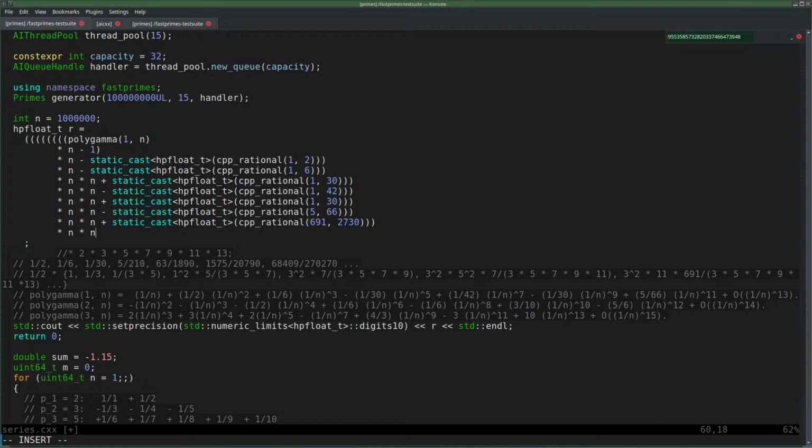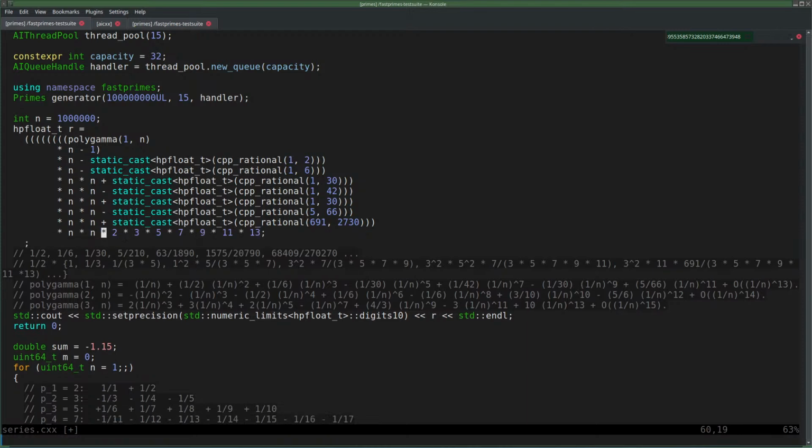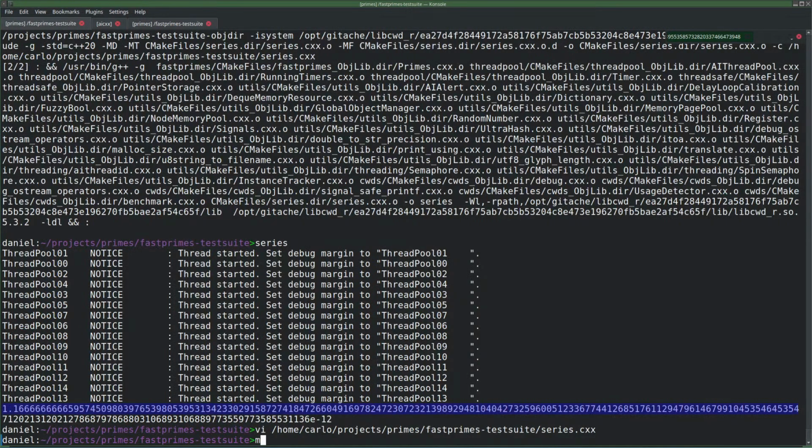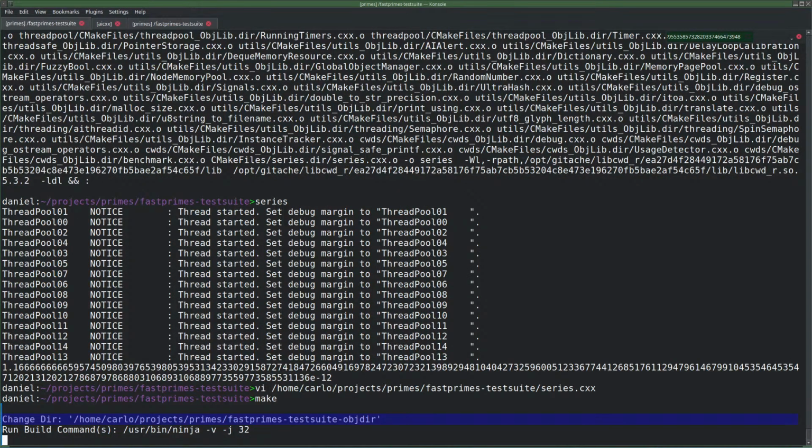Times n. And then in order to guess the fraction, we multiply with times 15.